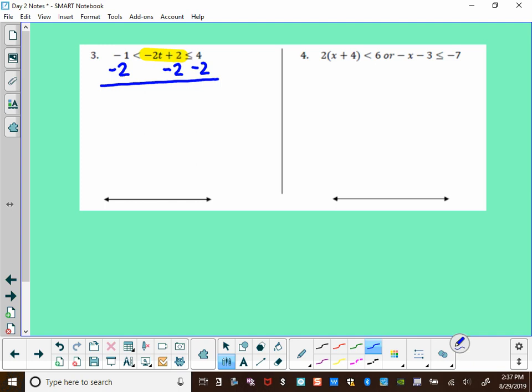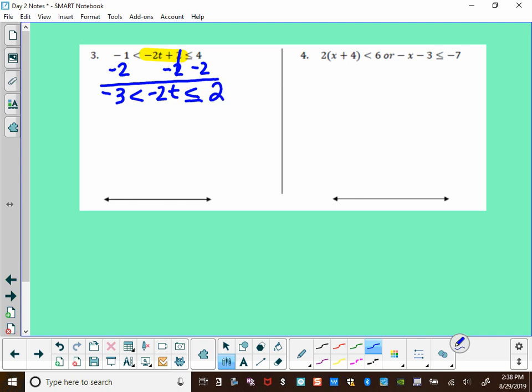So if I work left to right, what's negative 1 minus 2? Negative 3, I have my sign. I'm left with negative 2t because my 2's are gone, right? And then I have my less than or equal to sign. And then 4 minus 2 is positive 2.